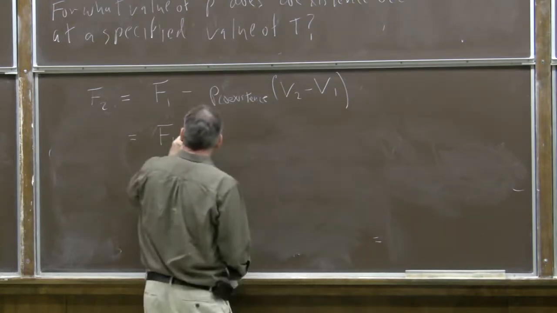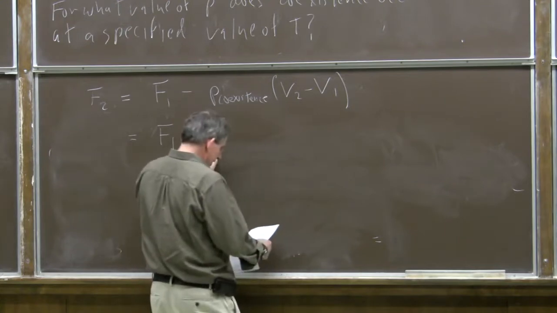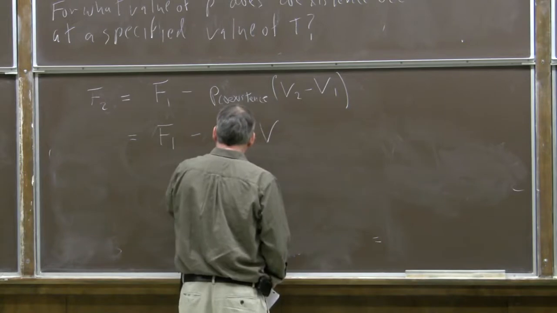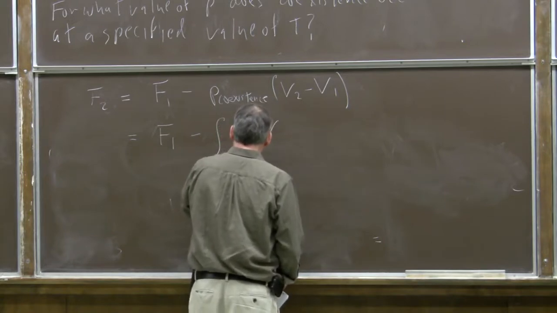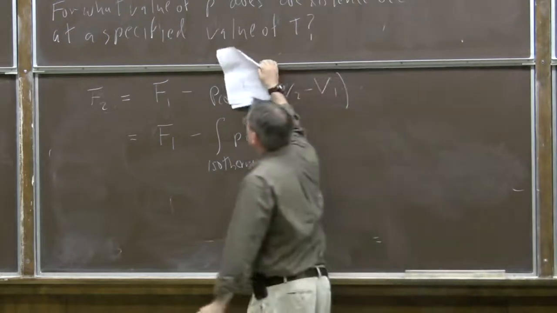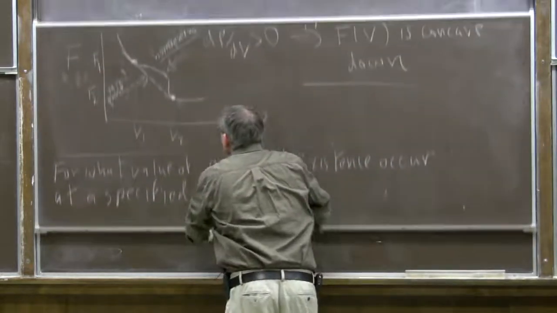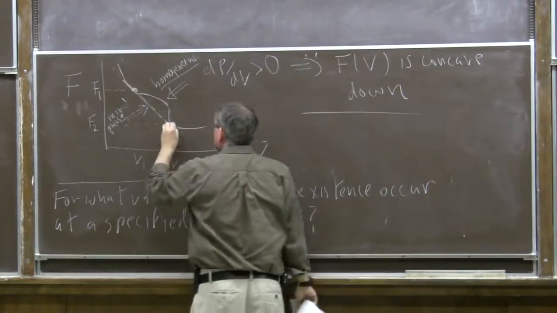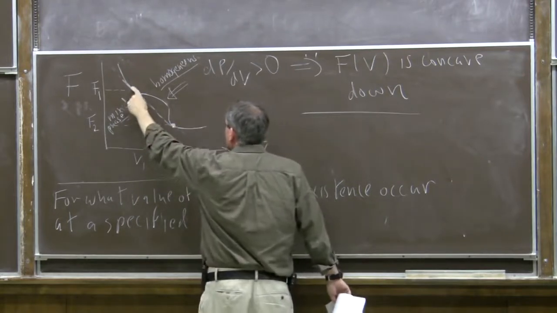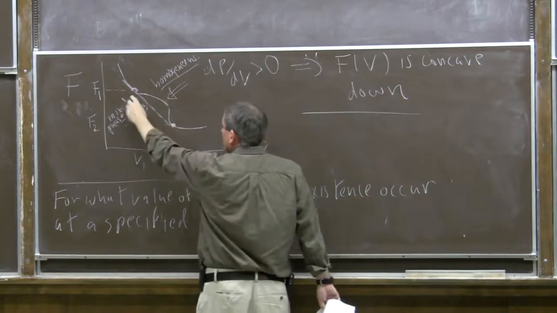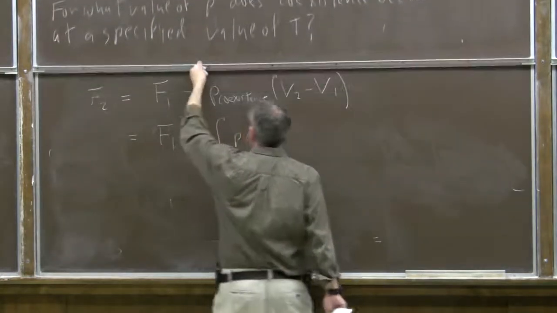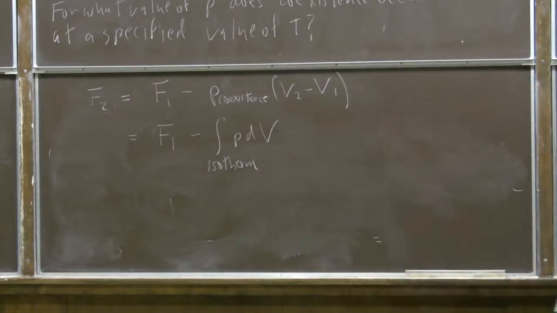So in other words, F1 minus the integral P dV along the isotherm. Well, the two have to agree. There are two ways of getting from this point in the plane to this one. One is to follow the straight line, and the other is to integrate along the isotherm, but they both take me from here to here. So that's what this equation says.